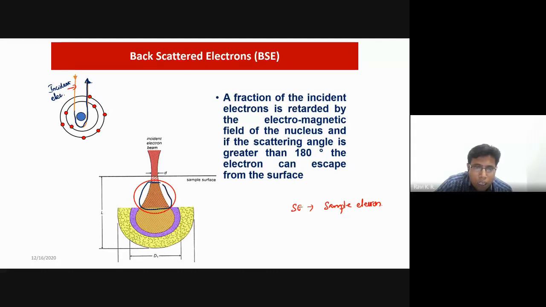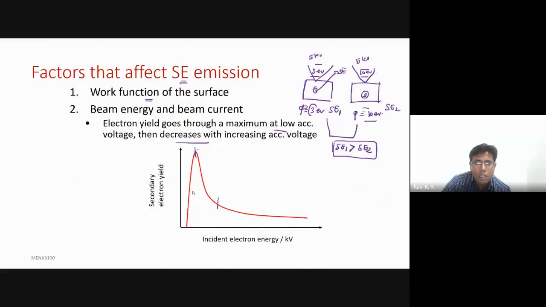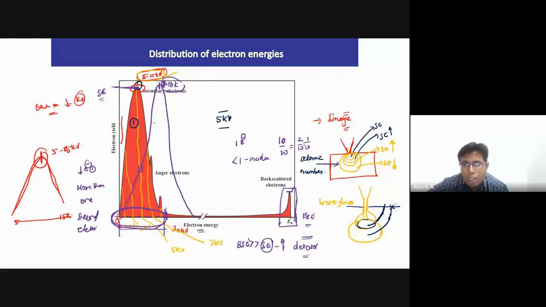Because this secondary electron has a higher energy level. So the beam is penetrating to the larger core level, and from there only we are getting them. Only then you get a sufficient number. Until you reach that level, you don't see any.